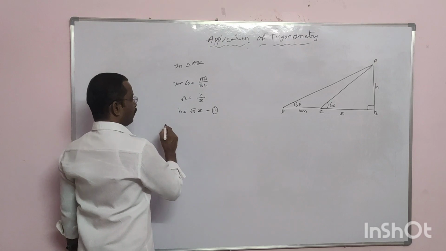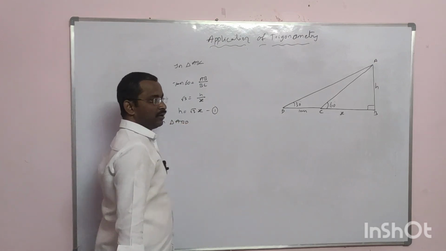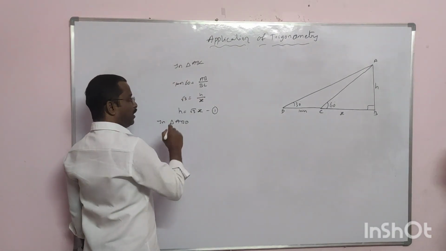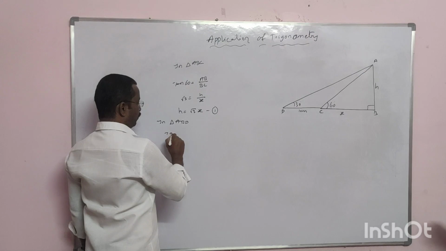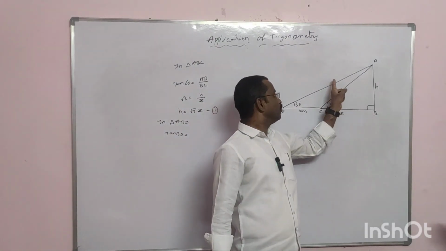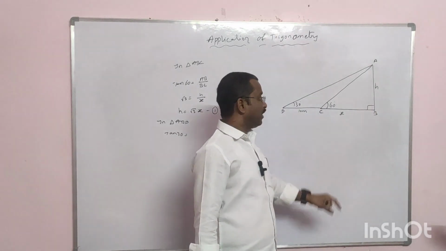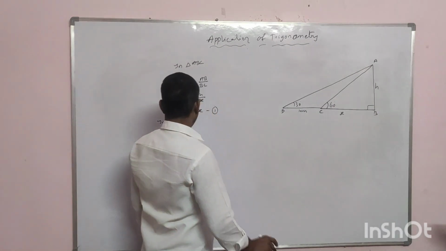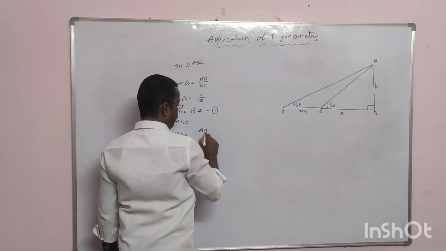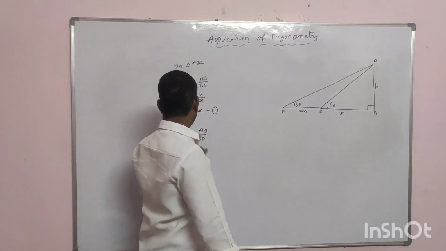Now which triangle are you going to take? In triangle ABD you select. In triangle ABD, again you are going to take tan 30, because there is no need of the slants. We need only the heights and base in this question. So tan 30 is equal to opposite AB over adjacent BD.